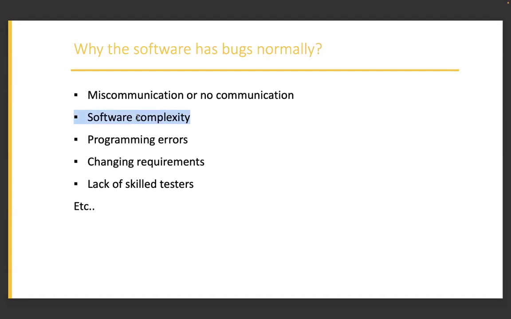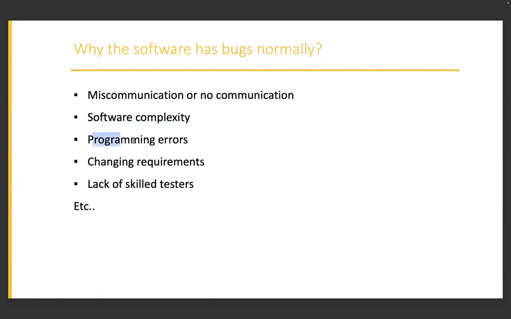So that comes under software complexity. They are not able to understand the whole flow. In that scenario, they will develop it, but once the QA starts testing it, some of the issues will remain open. So that becomes the second reason.